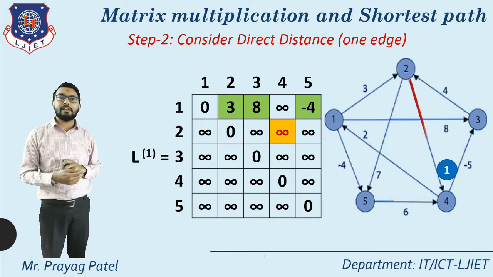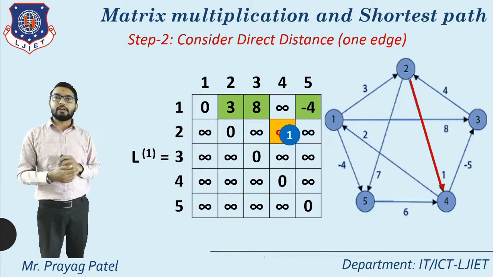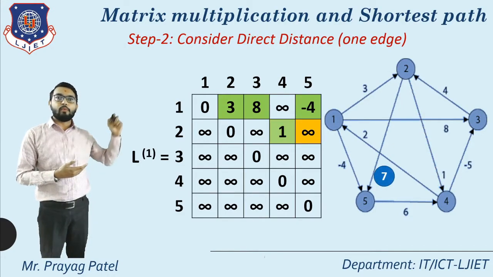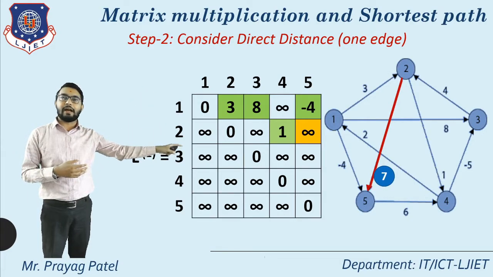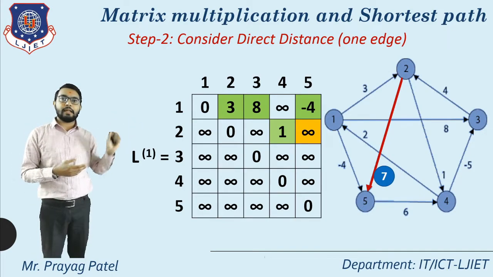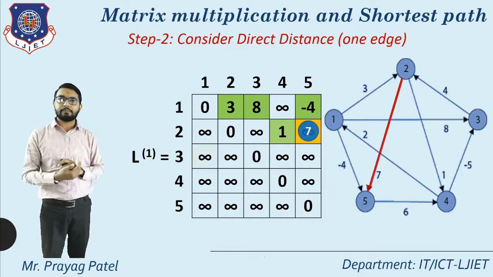Yes. So what is the distance? Distance equal to 1. So put 1 in location 2,4. Now consider the next location 2,5. Is the path from 2 to 5 available? Yes. Consider this red highlighted path from 2 to 5. The distance is 7. So put 7 at that location.